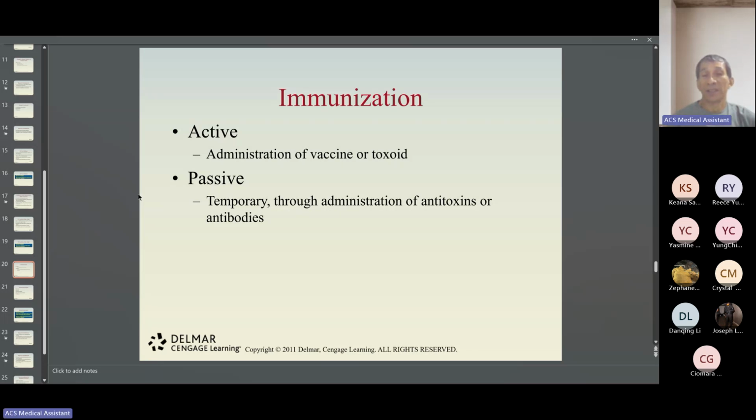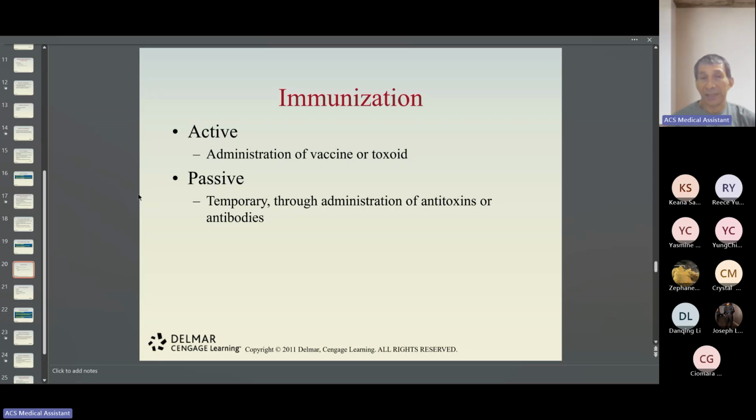Now, what is passive immunization? These are immunoglobulins that are being given to you. Now, we are giving a different type of immunoglobulins that are going to be injected to you.